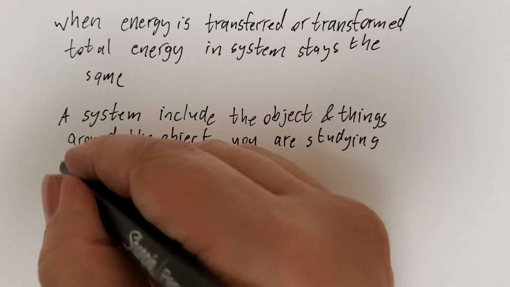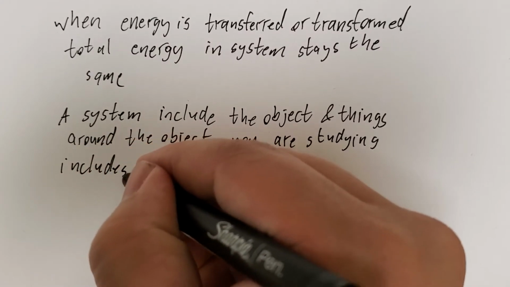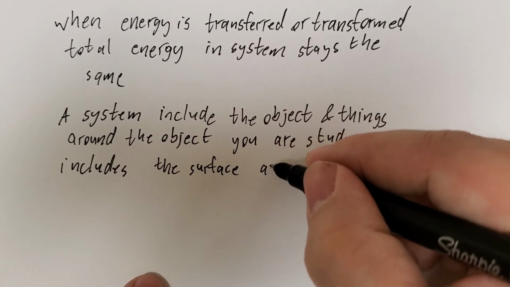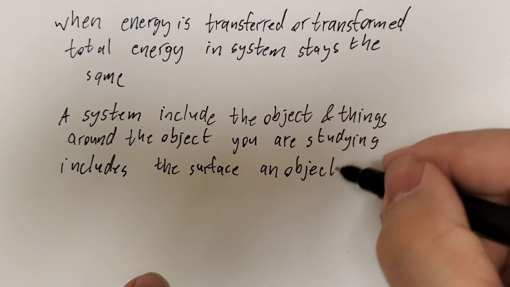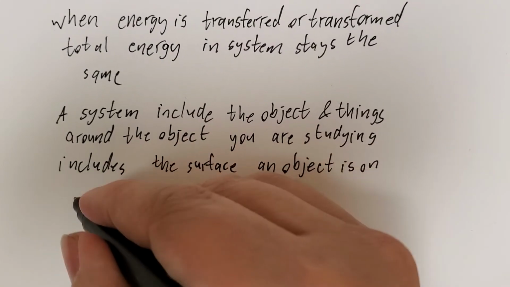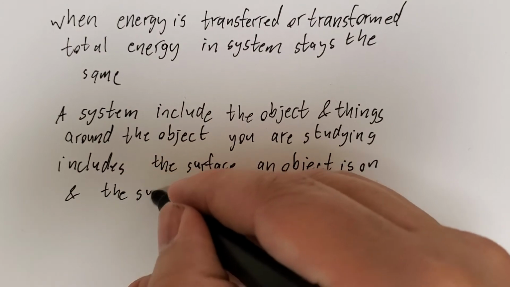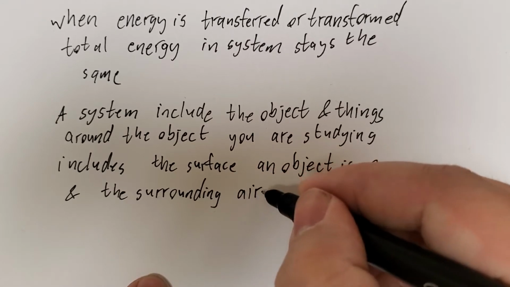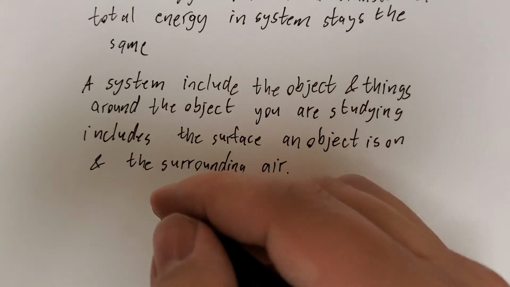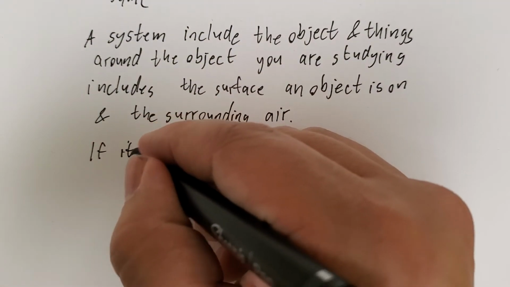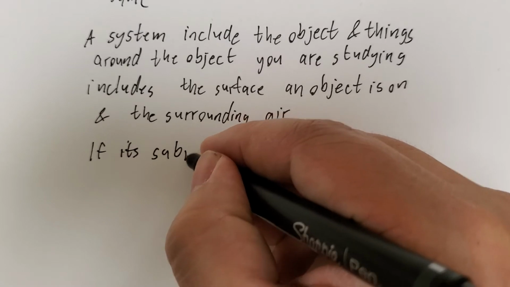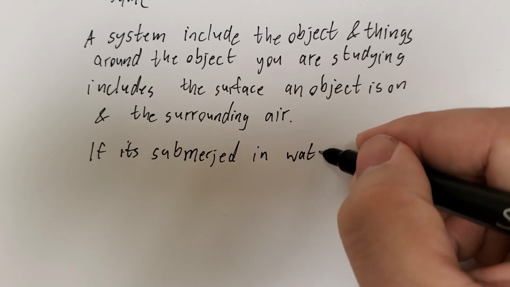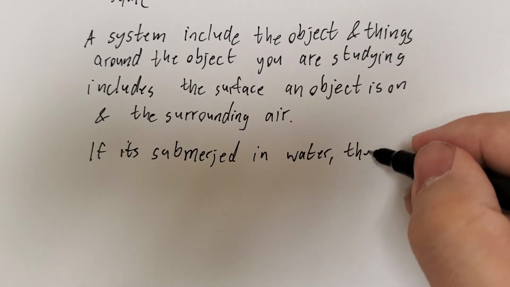So this includes the surface an object is resting on, and the surrounding air. Right? If you have something like, say, if it's submerged in, say, water, then the system includes the water.